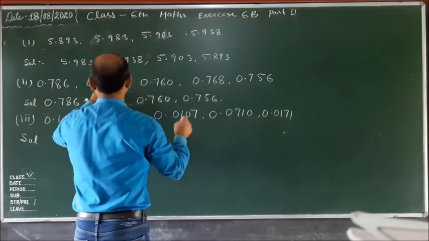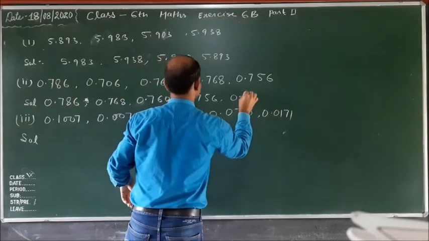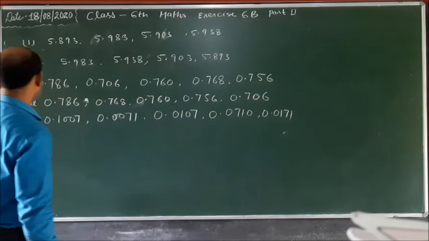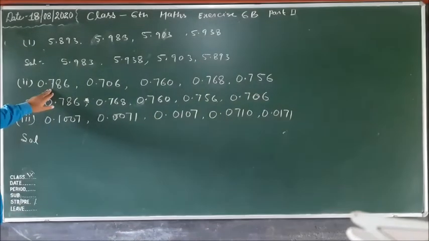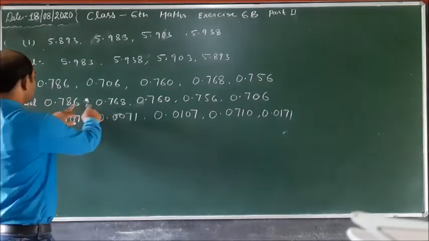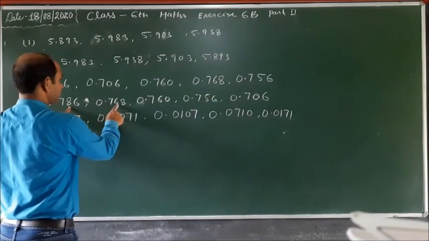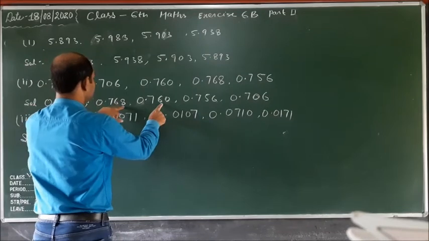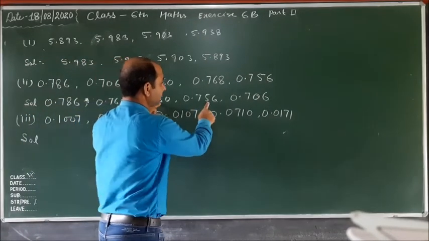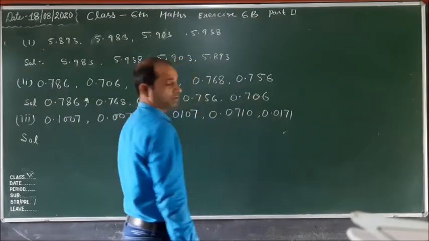Then we write 0.706. Okay, once again we check: 786, 786, 78, 76, 76, but here 8. Now here 76, here 75, and here 70.